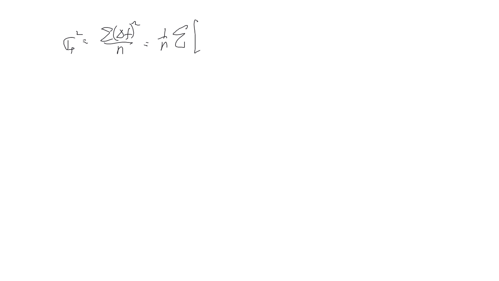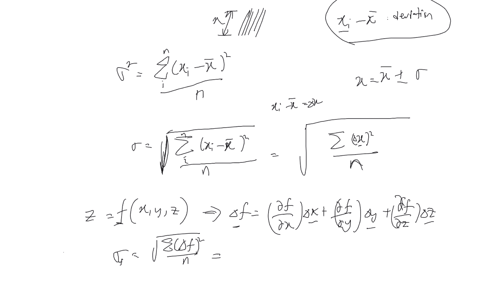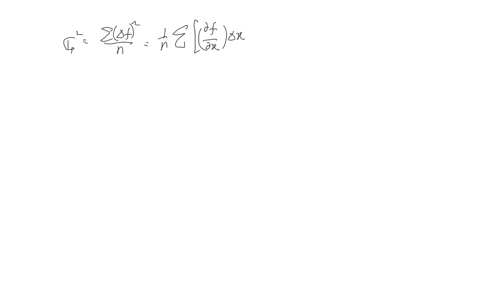So there is ∂f/∂x delta x. I want to check. Okay, yes, I use triangle as delta. So let's continue with that. Plus ∂f/∂y delta y plus ∂f/∂z delta z, and that is to be squared.